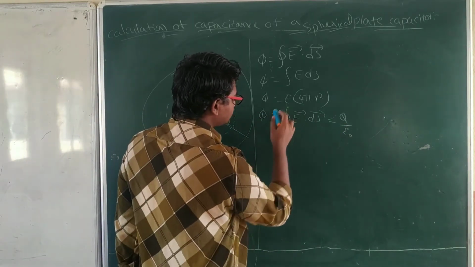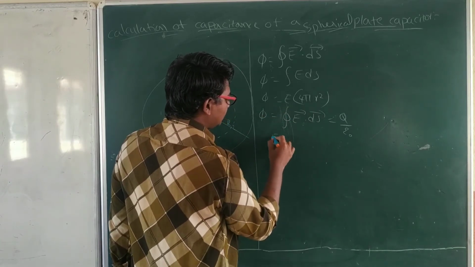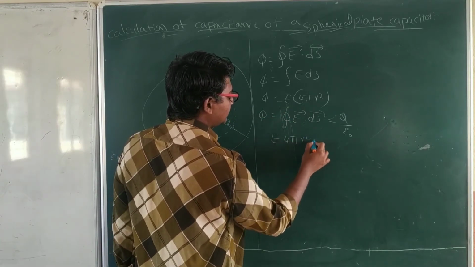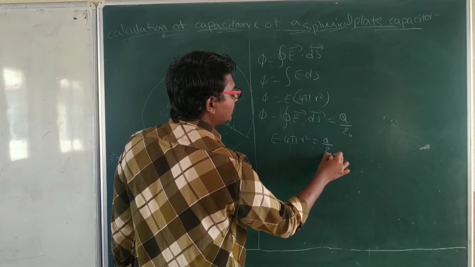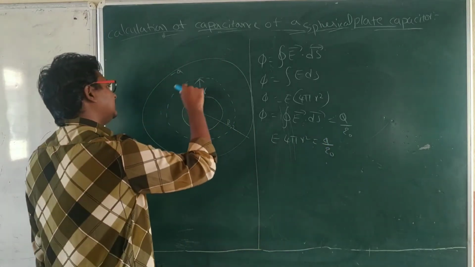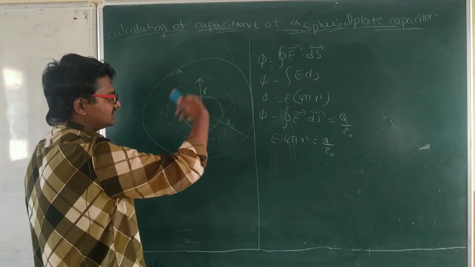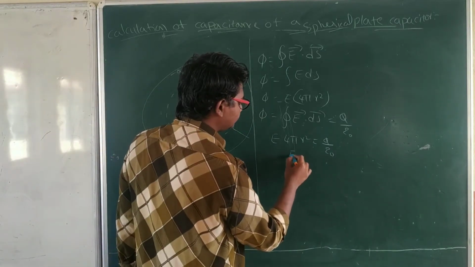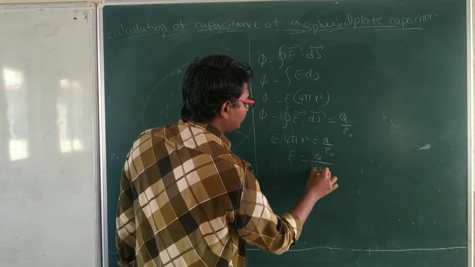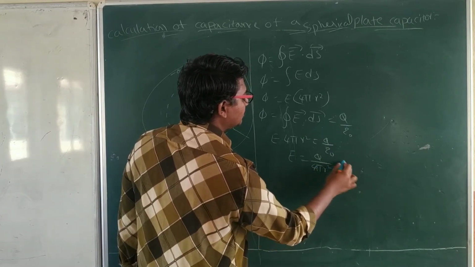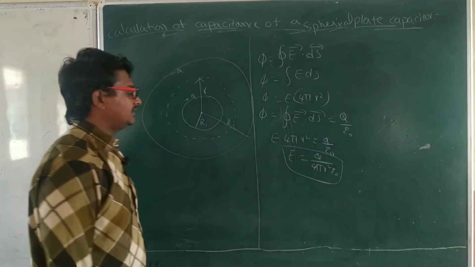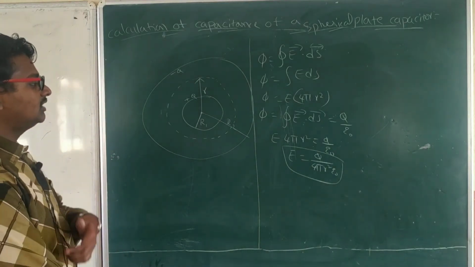Then just now we found E of 4 pi r square is equal to Q by epsilon naught. It means the electric field passing through the Gaussian surface, E is equal to Q by 4 pi r square epsilon naught we got simply. Right. E is equal to Q by 4 pi epsilon naught r square.